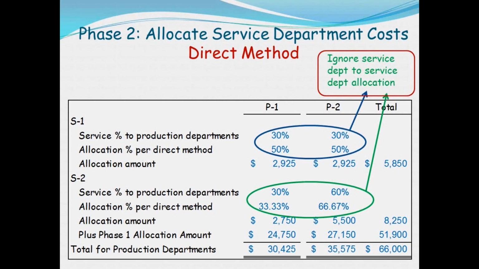So we're not under-allocating, but we are potentially misallocating. This first approach is the roughest approach. We get all the costs allocated out, but maybe not in the proper ratios.